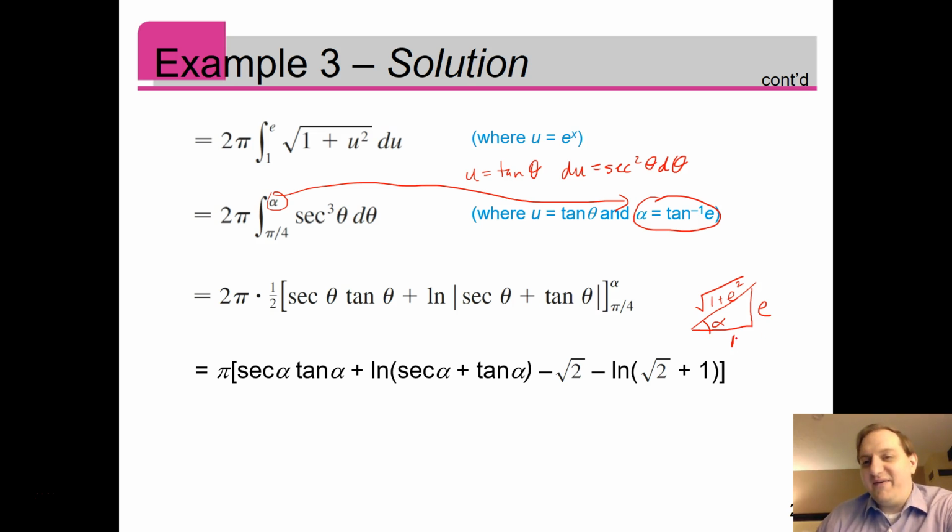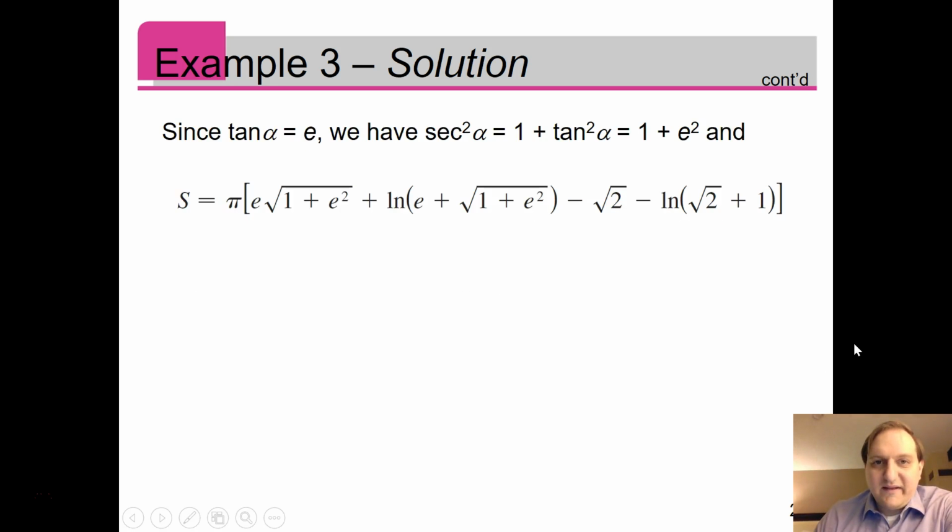By the way, that alpha is totally wrong because E is greater than 1, but that's fine. The tangent of alpha is E, and this helps me find the secant of alpha. Secant is hypotenuse over adjacent, because it's 1 over cosine, so that's just root 1 plus E squared.